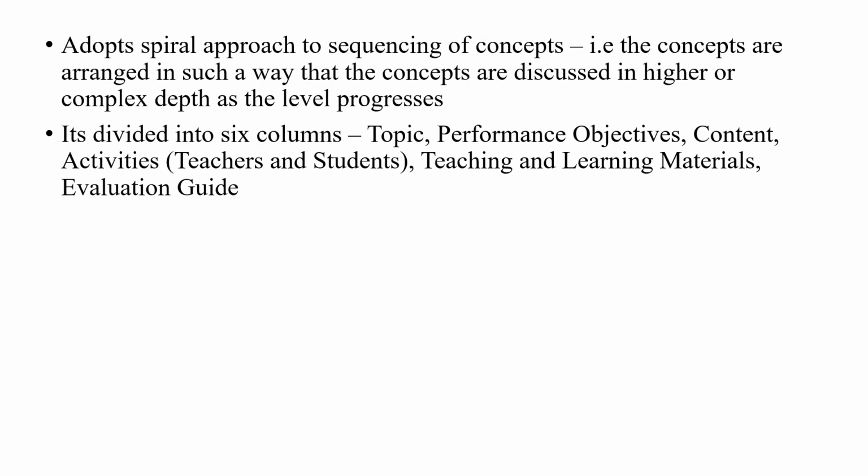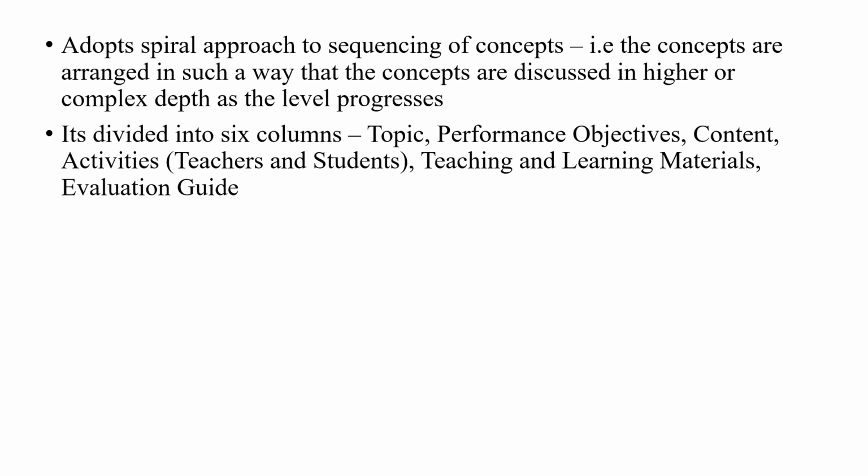The curriculum uses a spiral approach in sequencing the concepts. That is, the concepts are arranged in such a way that they are discussed in higher or more complex depths as the level progresses. For example, you have topics on ecology at SS1 level as well as at SS3 level.